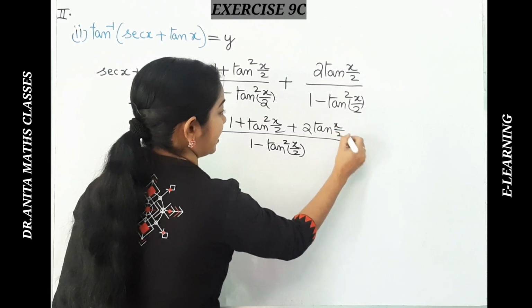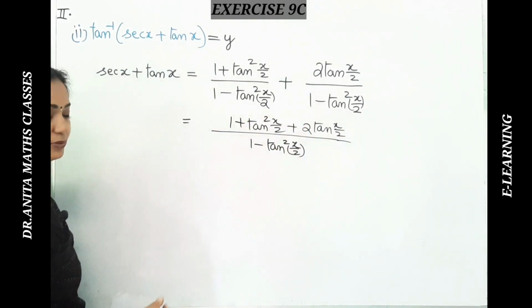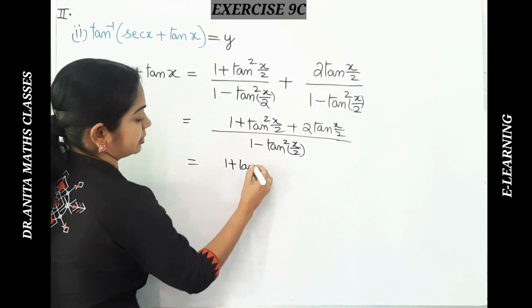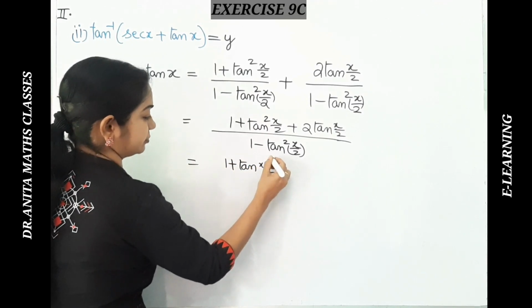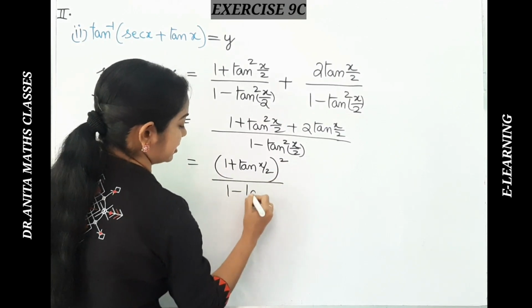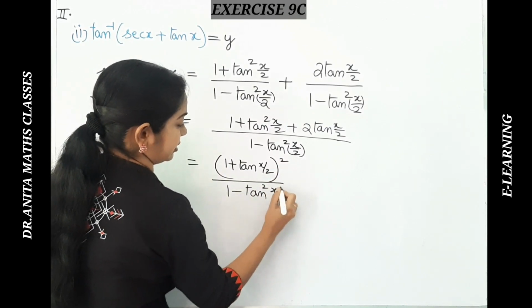See the numerator part here, this is in the form of a plus b whole square. So I can write it as 1 plus tan x by 2 whole square, divided by 1 minus tan square x by 2.